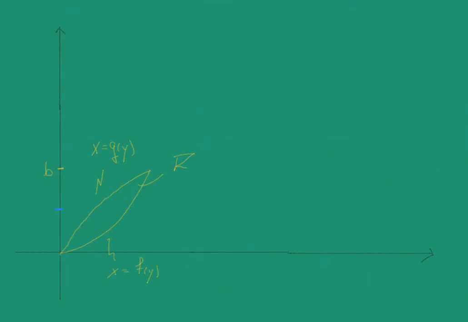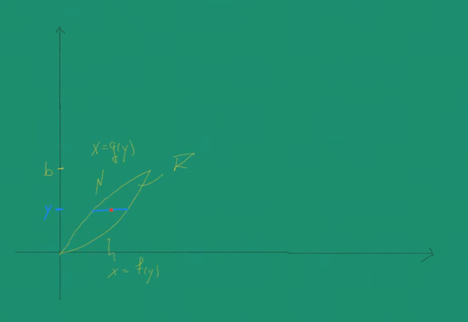So taking a y, in this case between 0 and b, we draw the horizontal line segment in R corresponding to y. Now, all we're going to do is think about what sort of shape we're going to get when we rotate our horizontal line segment about the line that we're supposed to rotate our entire region R about.